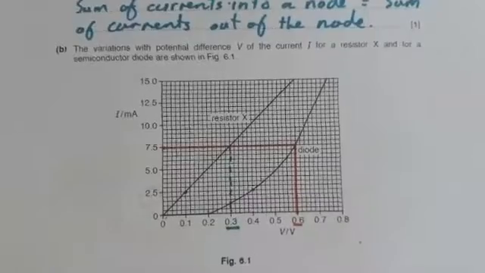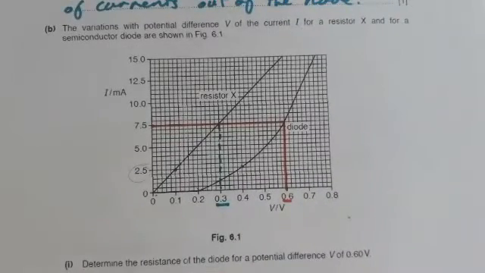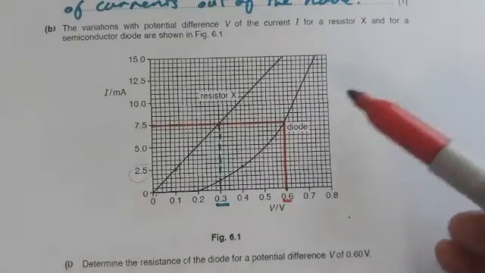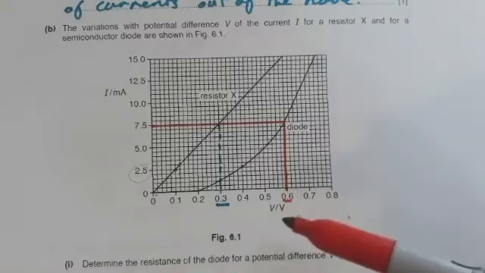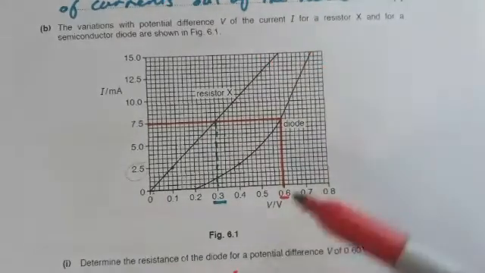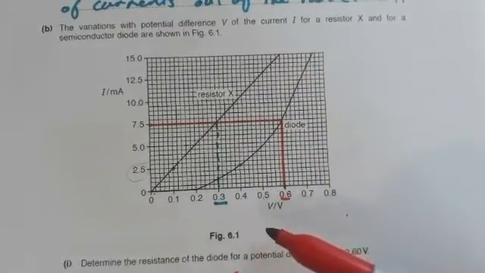The variation of potential difference and current for resistor X. So now, again, potential difference and current for this diode is given.